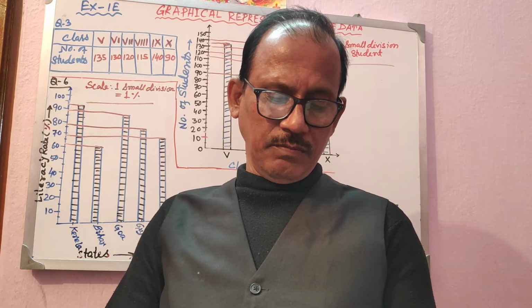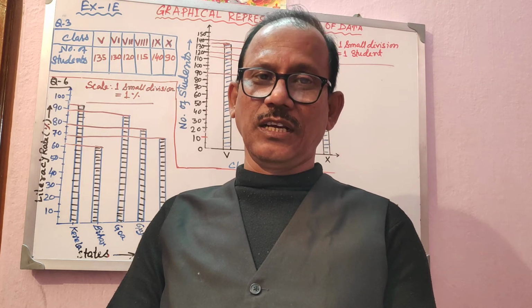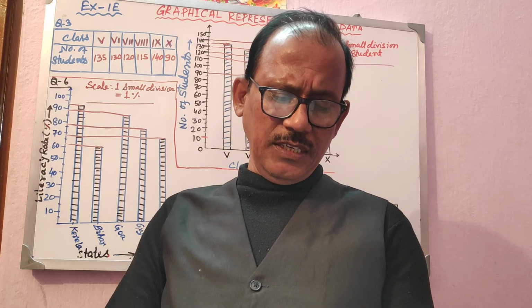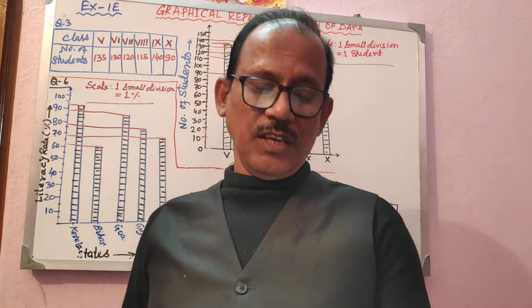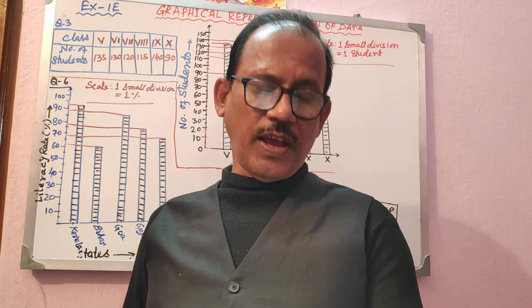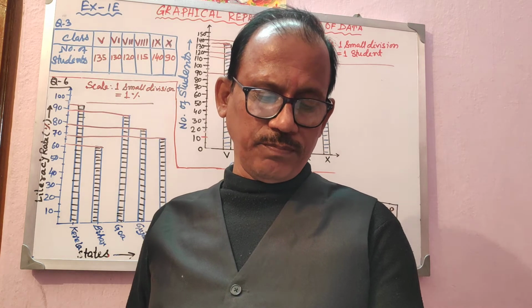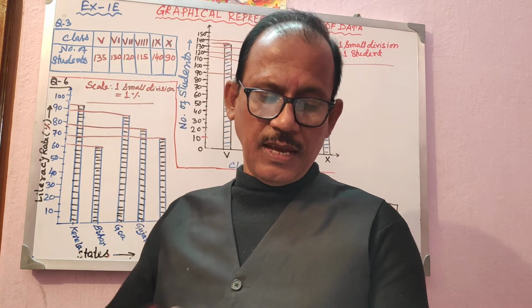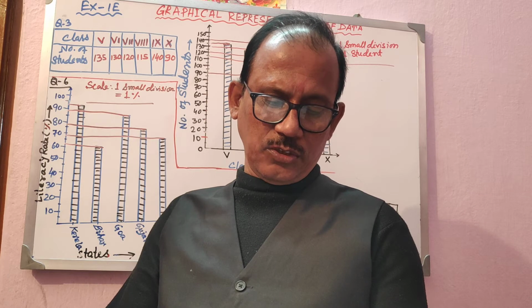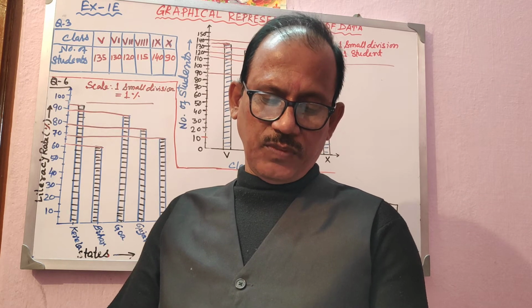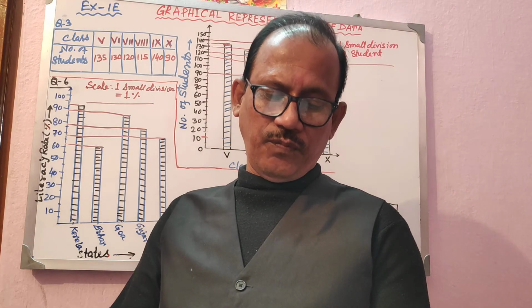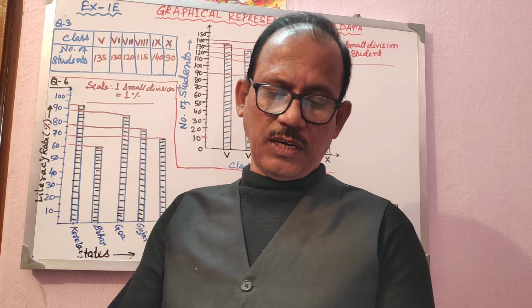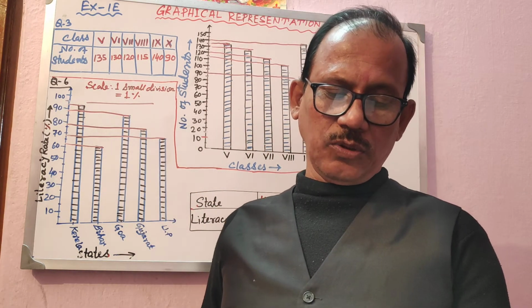Bihar, I can find 15 is the starting point. Then each small division will be 0.5. It has got 5 more small divisions, means 2.5. So 15 plus 2.5, 17.5. And Karnataka state it is 25, so 25 into 10,000. Then Tamil Nadu it is 51; one division has gone, so 51 into 10,000.